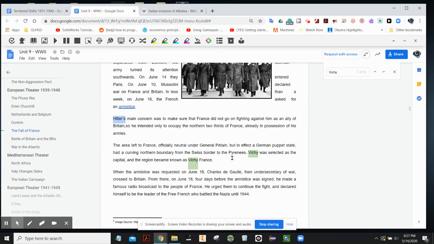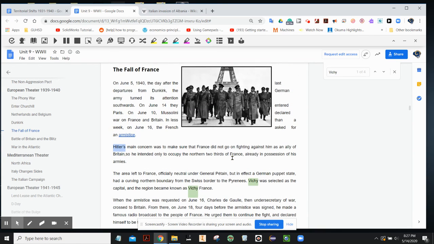We know why. Hitler wanted to basically make France inert, and he did that by creating a French government that was a puppet state to Hitler's Germany, and the capital was placed in Vichy.